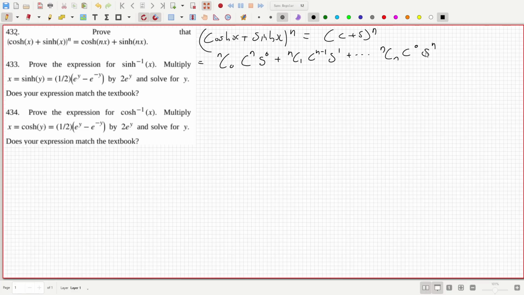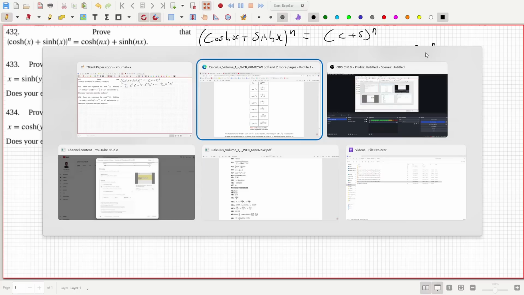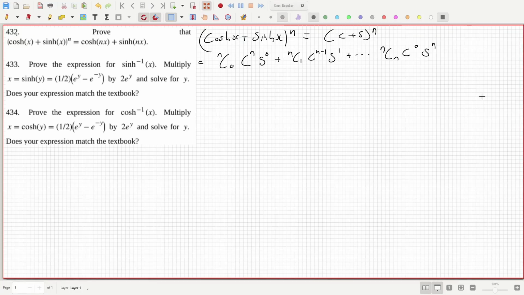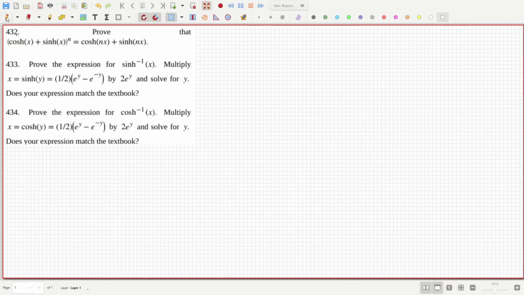Hmm. Let me pause and think. I don't know if this is the best way to do it, but it's a way to do it. So if you say y equals cosh x plus sinh x to the power n, and if you differentiate this n times, the n would come down and would come down again, come down again.